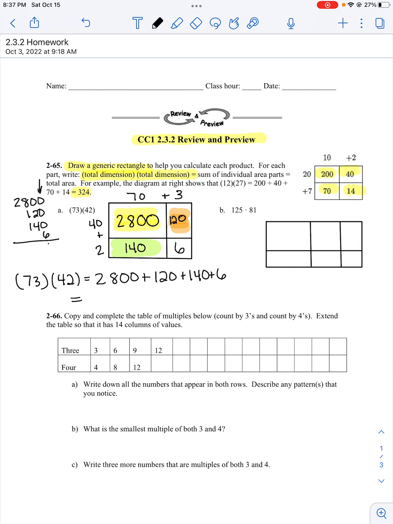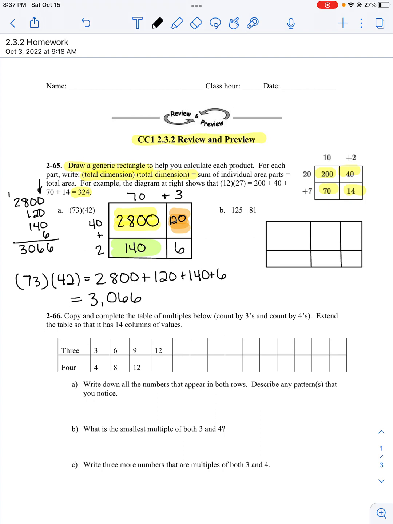Start here. 0 plus 0 plus 0 plus 6 is 6. 0 plus 2 plus 4 is 6. 8 plus 1 plus 1 is 10. And 2 plus 1 is 3. So this equals 3,066.